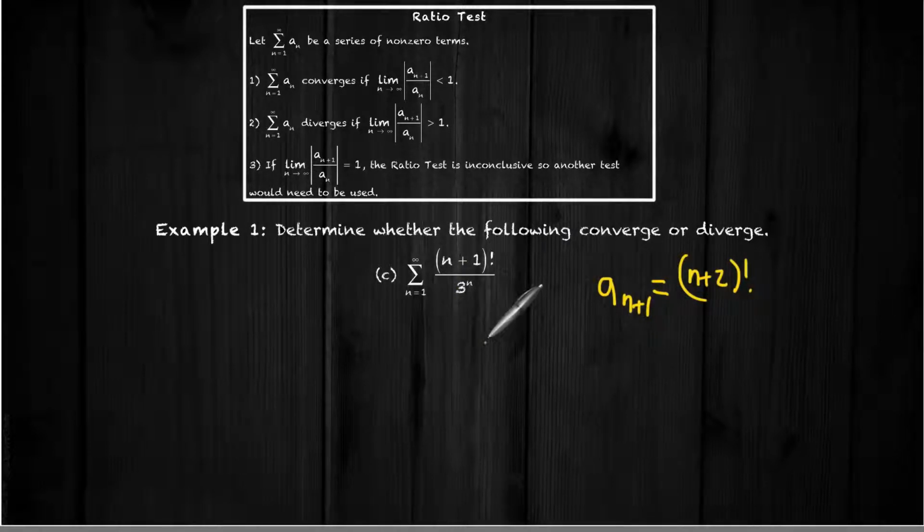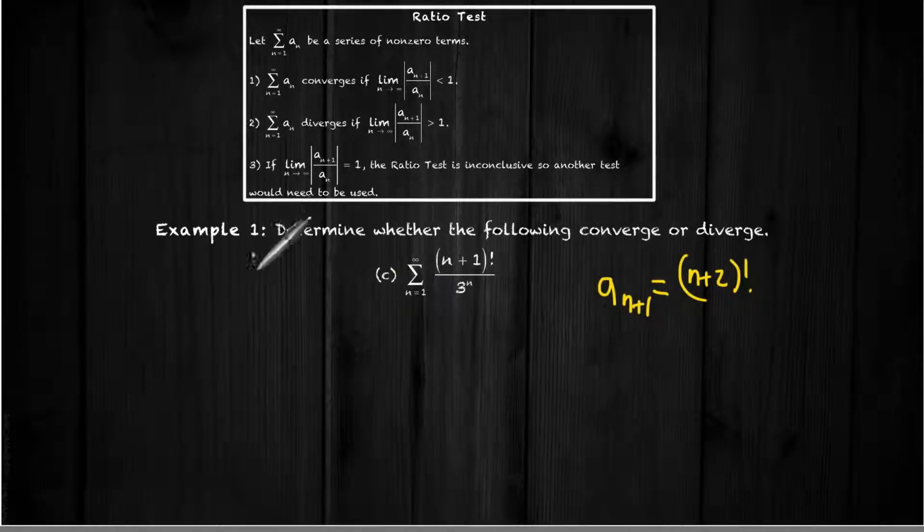We could, just so you know, we could also use the nth term test to prove that this diverges, because a factorial is one of the fastest growing functions. It grows even faster than an exponential. So if you take the nth term test here, you can see that the numerator is always going to be much bigger than the denominator.